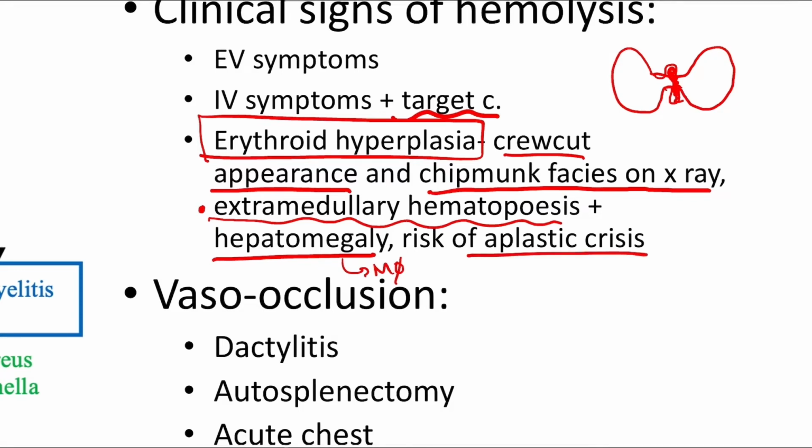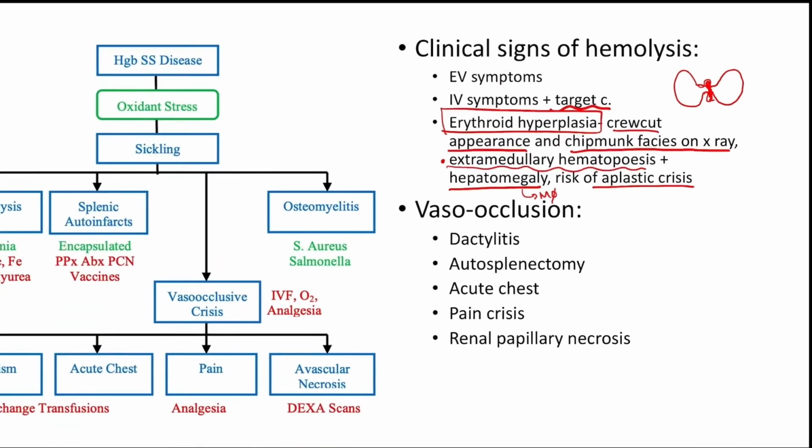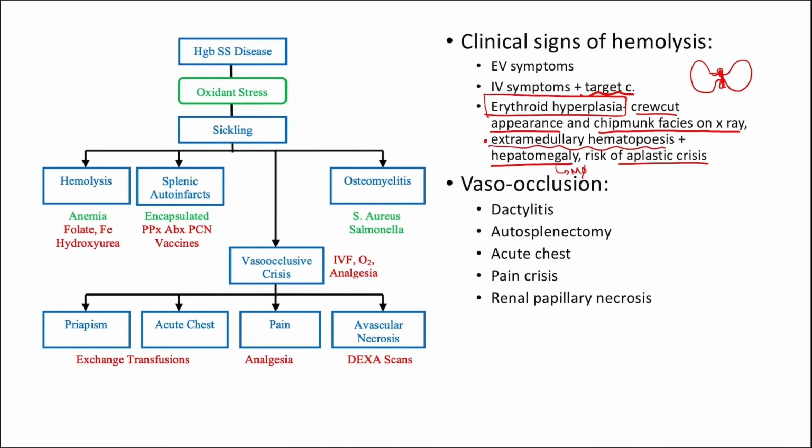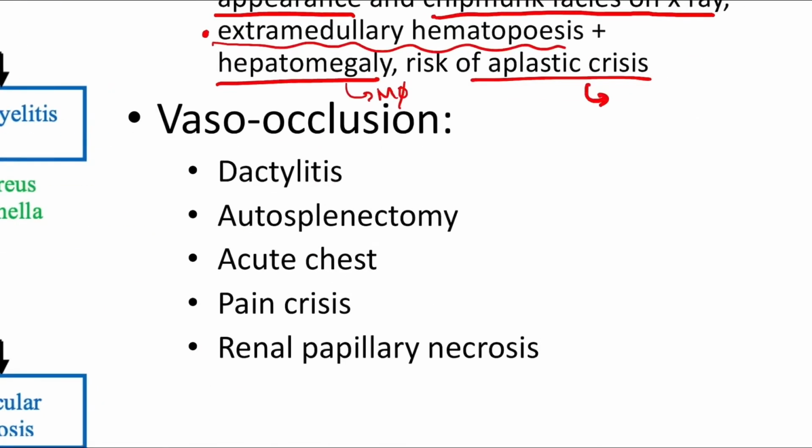And lastly, you have the risk of aplastic crisis, again because you shift the production of other kinds of immune cells. You replace all of that with just erythroid cells, and as a result, you have aplastic crisis. What's important to remember here is parvovirus B19.